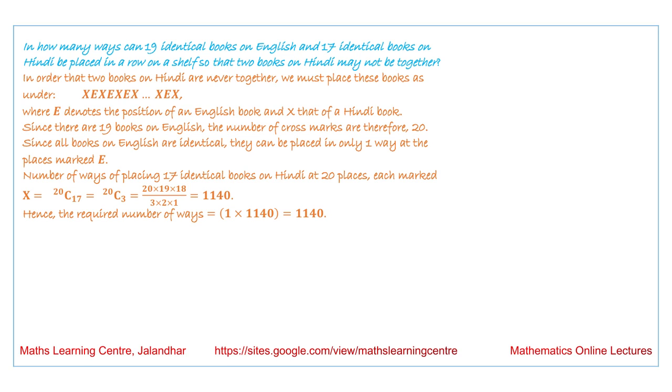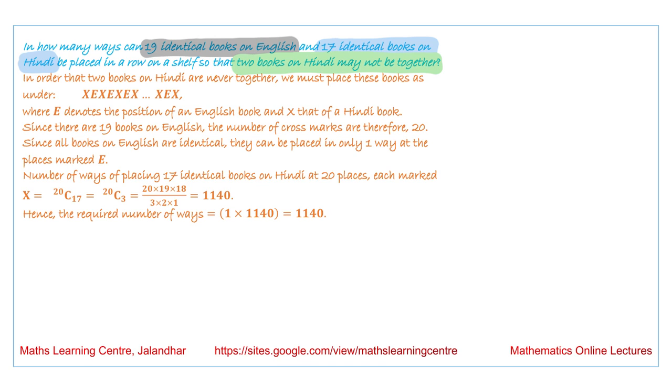Now the next question is: in how many ways can 19 identical books on English and 17 identical books on Hindi be placed in a row on a shelf so that two books on Hindi may not be together? Suppose we are arranging these books.